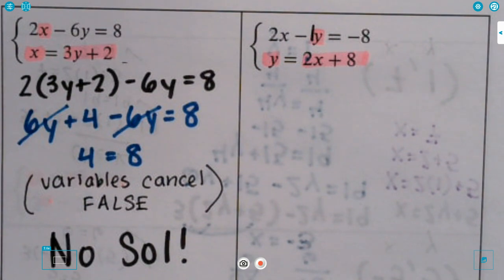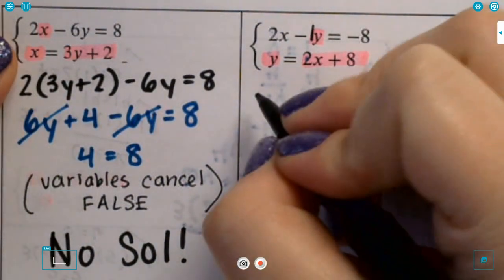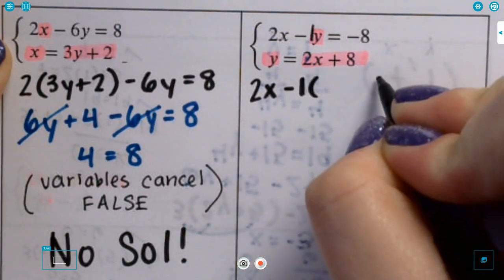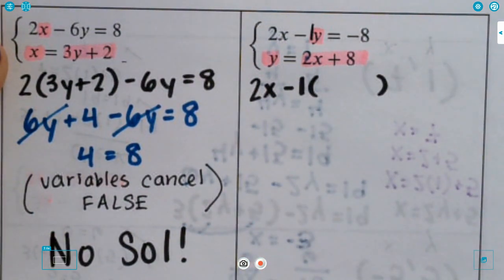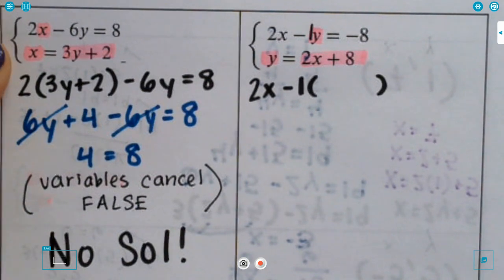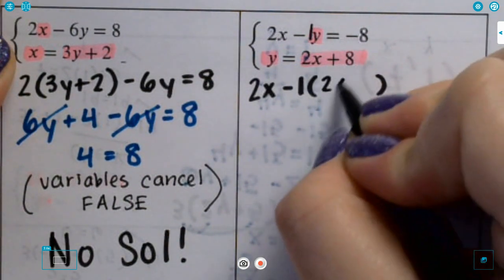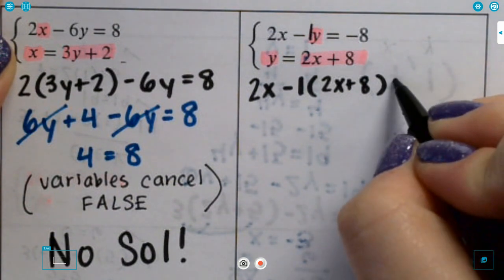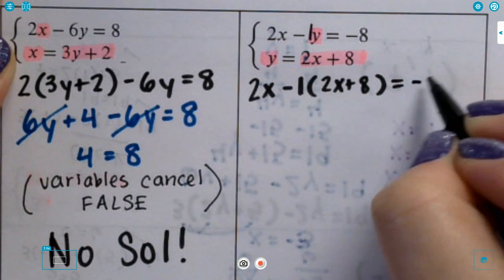So I'm plugging in for y. It's going to be 2x minus 1 times 2x plus 8, and that equals negative 8.